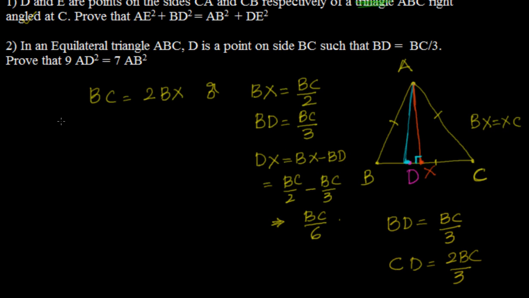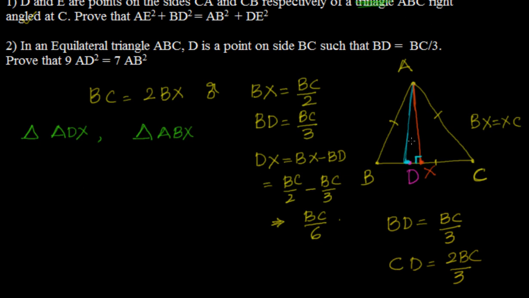Now I want to consider triangle ADX and also triangle ABX. Both of them have AX, which is a perpendicular, and both have different hypotenuses. One has AD, another one has AB.